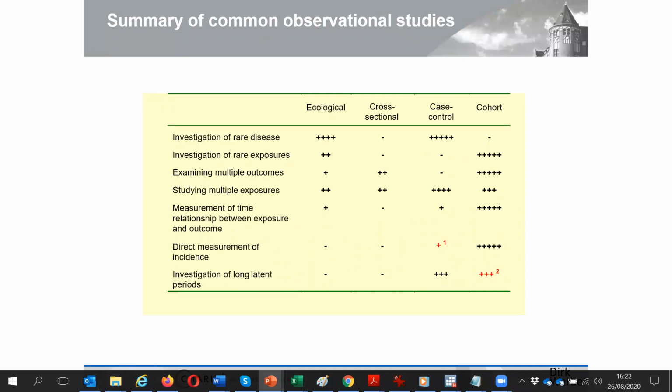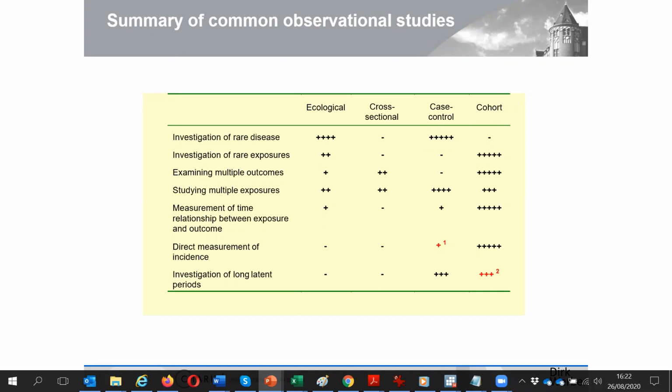So last time we discussed ecological studies, cross-sectional studies, case control studies and cohort studies. These are the common observational studies.